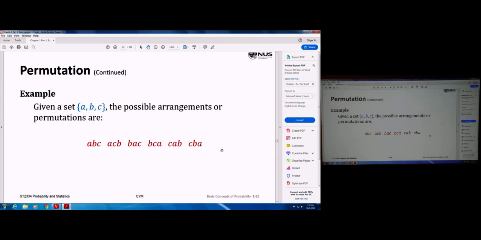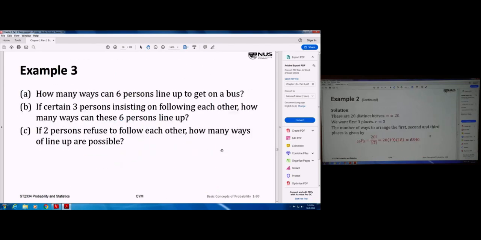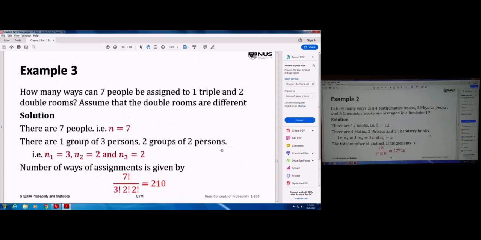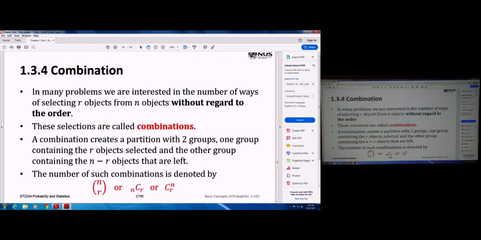I choose A, B, and C. So it's not the same thing. The number of permutations, if I take r objects from n things, and I care about the ordering, is always at least, if not almost always bigger than, the number of associated combinations, because in combinations I don't care about the order.